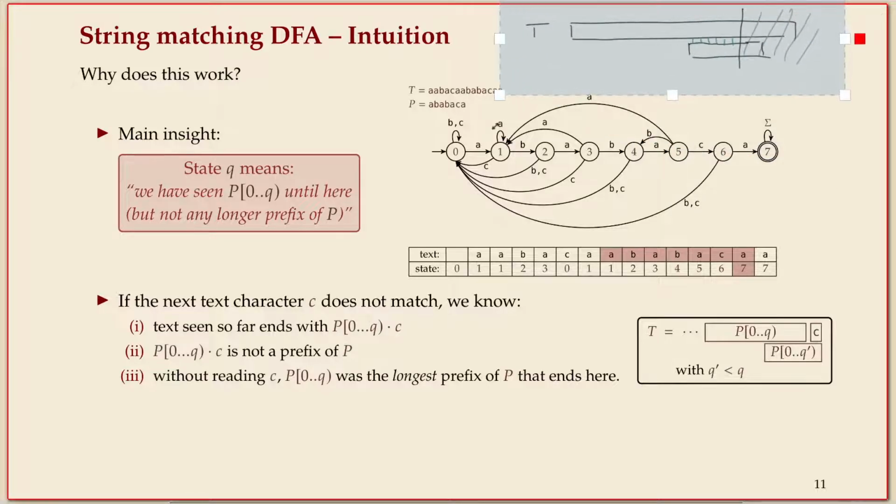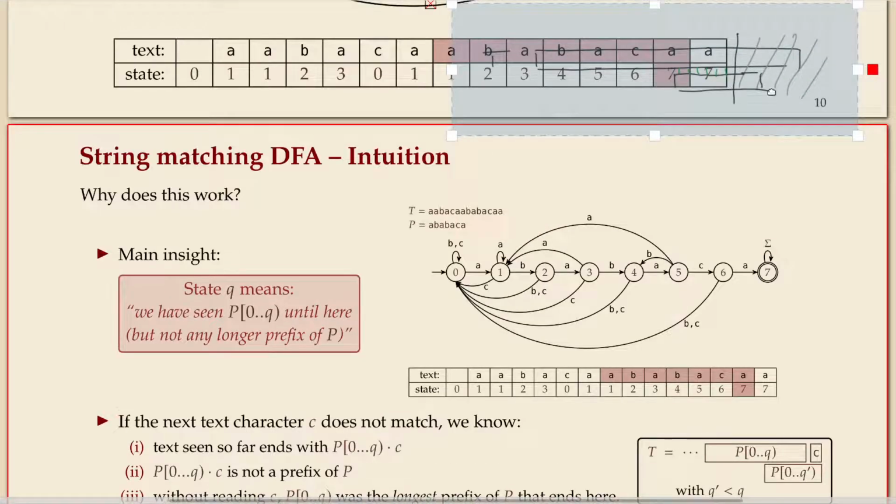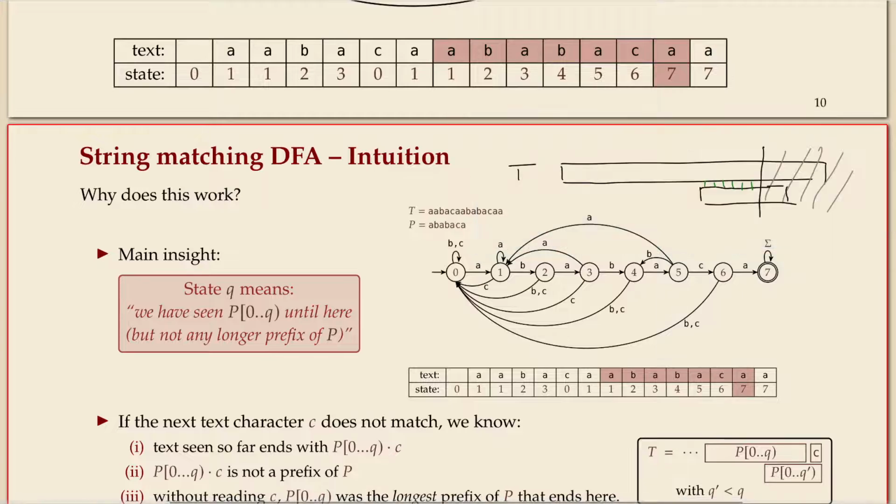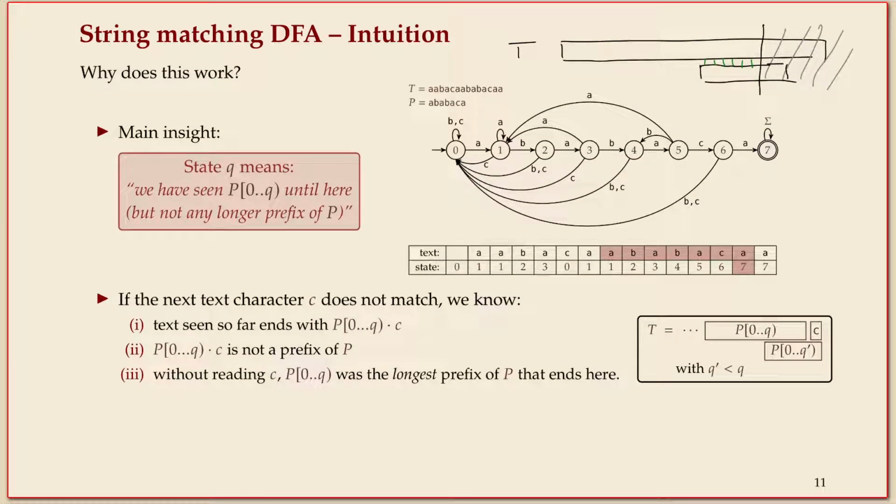Try to make it a little bigger at least. So these are green because they're equal, they're matches. And also this is the longest such overlap. So if you put the pattern in any other way, it should still overlap.